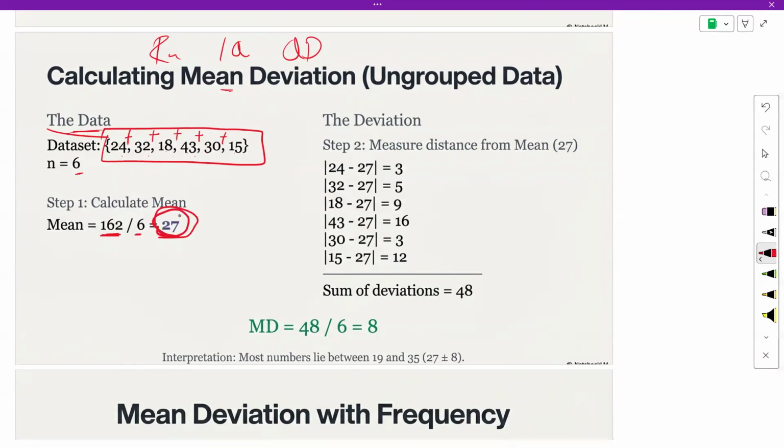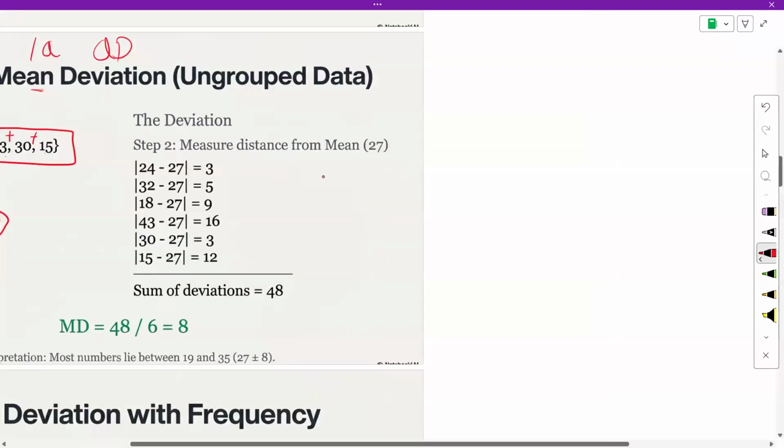The mean is 27. Right. Now we have the x observations. I can write here x, and x minus x bar, and the absolute term of x minus x bar. Right.